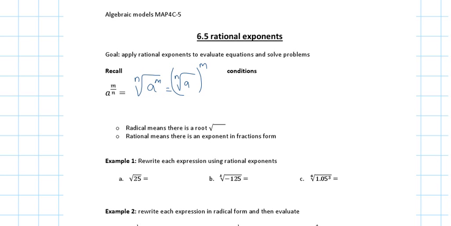M has to be an integer. So m can be positive or negative, but it has to be a whole number. Okay? So an integer is a whole number, positive or negative. Okay?